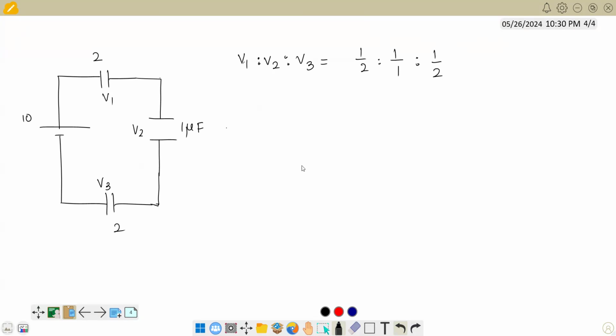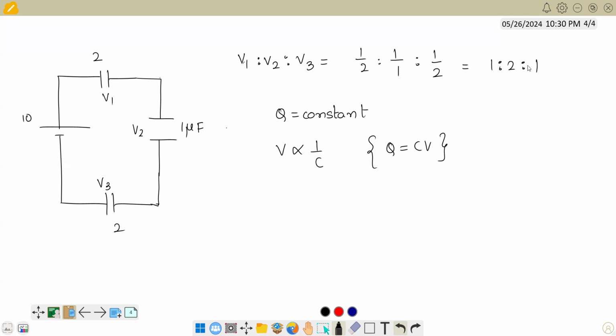Remember, in capacitance, when they are in series, Q is constant. If Q is constant, V is inversely proportional to C, because the base formula is Q equals CV. So based on this logic, it would be 1 is to 2 is to 1.